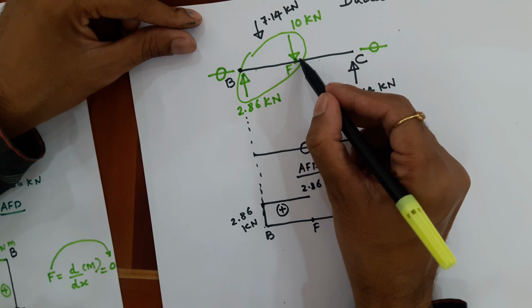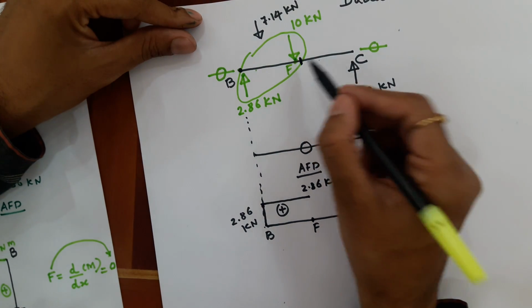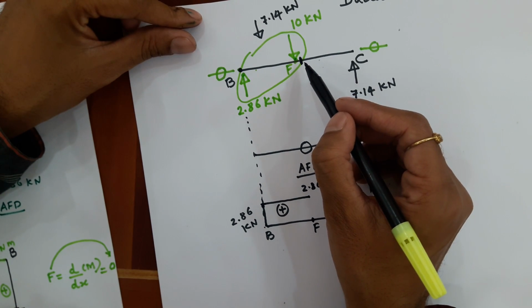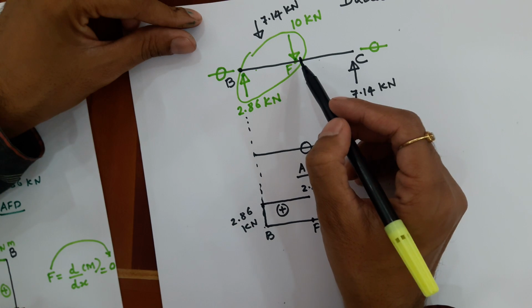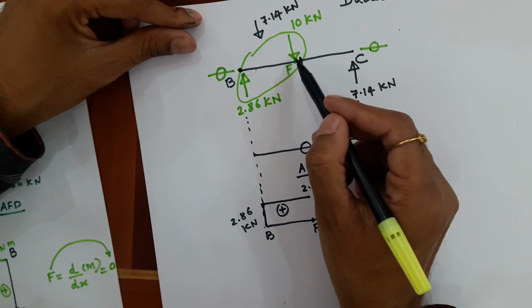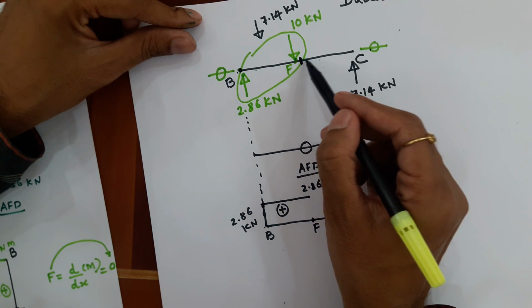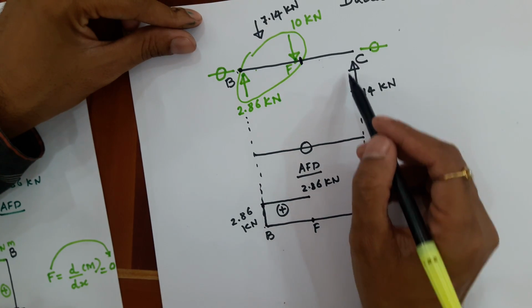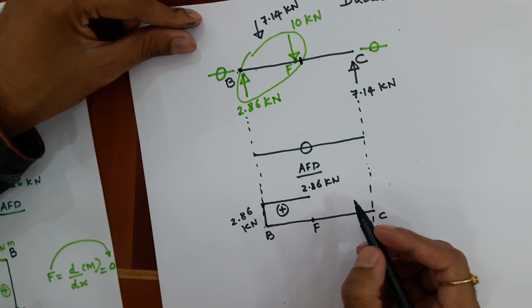But when I go to just right of F, again as per the definition of shear force, it is the algebraic summation of forces including reactions either lying on one part or the other part of the element. So if I consider the right part, because of 7.14, this right part is going up, right up is negative.